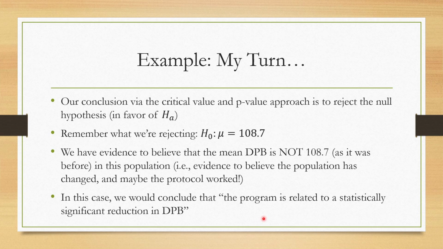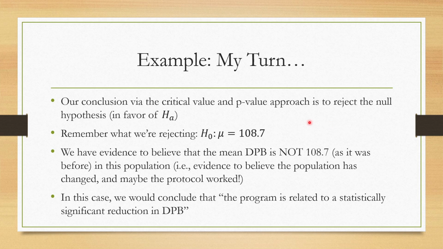So again, I can't emphasize this enough. The sample mean is clearly lower. The sample mean was like 100. It's clearly lower than the null hypothesized value. So why are we doing the test? Well, we're not doing a test to determine if the sample mean is lower. The reason we're doing the test is to determine if this is enough evidence to think that the population mean is lower than this.